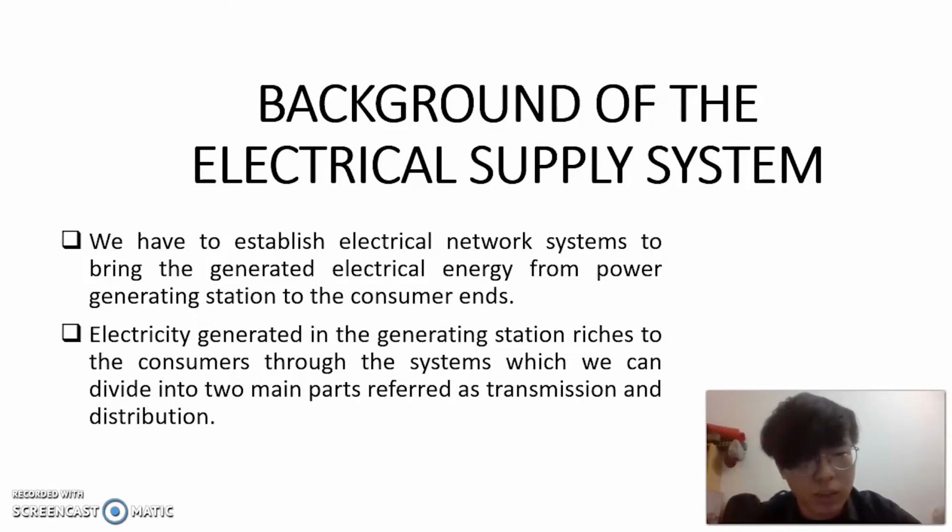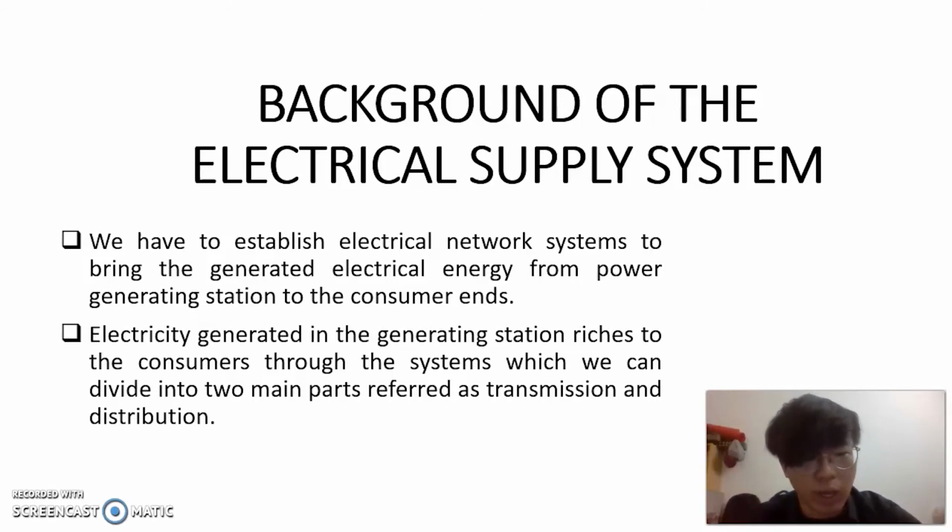First of all, I will explain the background of the electrical supply system. Nowadays, the demand for electrical energy is tremendously increasing amongst the modernization of human lifestyle. To meet this increasing electrical load demand, we have to establish quite a large number of big power plants.